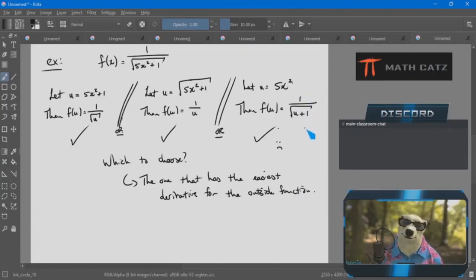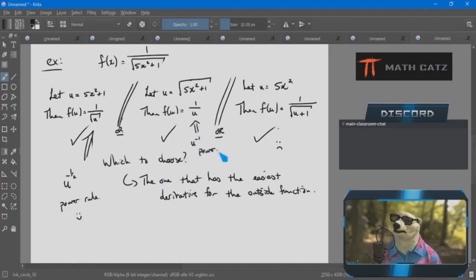At this stage, whereas the first two are going to be pretty doable, right? This one I can see as u to the negative 1/2, so it's a simple power rule. Smiley face, happy face. This one is marginally easier. It's u to the negative 1, but in terms of the derivative properties to use, it's still just a power rule.